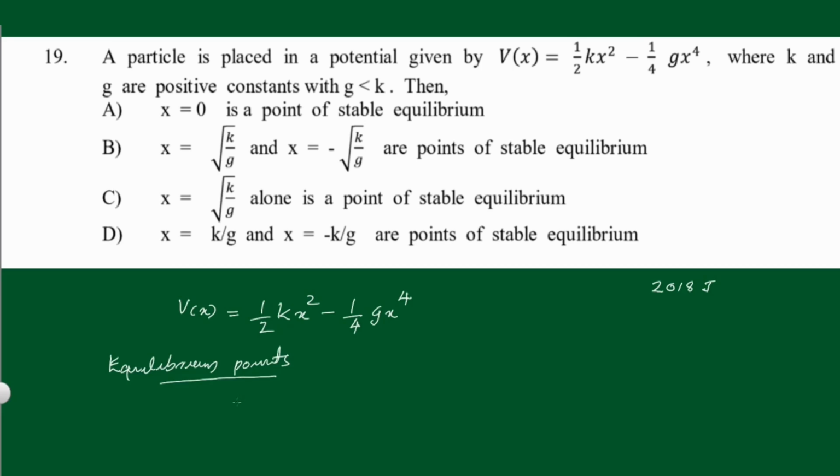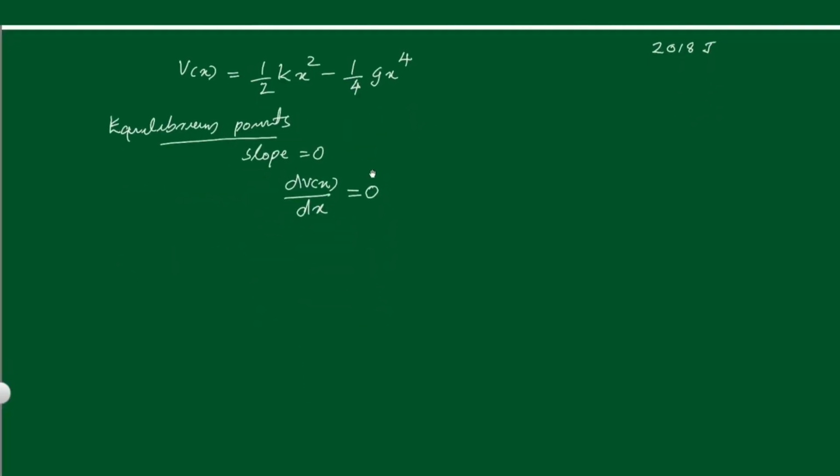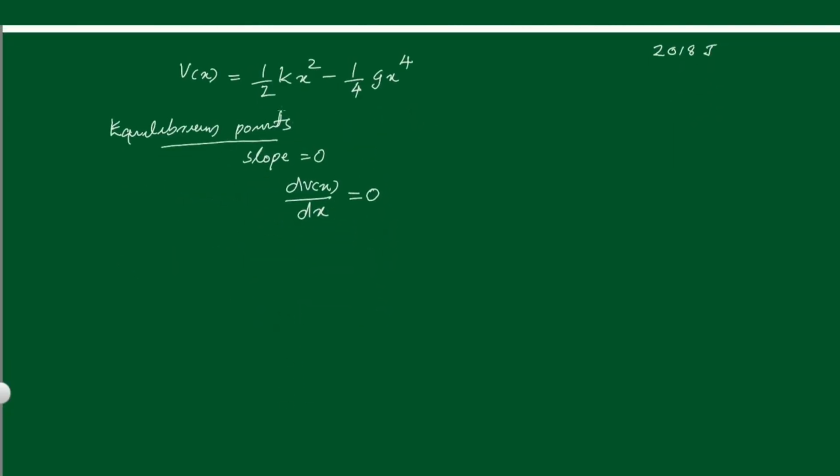The condition for an equilibrium point is slope equal to 0. That is, dV of x by dx will be equal to 0 at the equilibrium point. So here V of x is given, so we take the derivative of this function with respect to x. So what we get is kx minus gx cube. Okay, this is equal to 0.